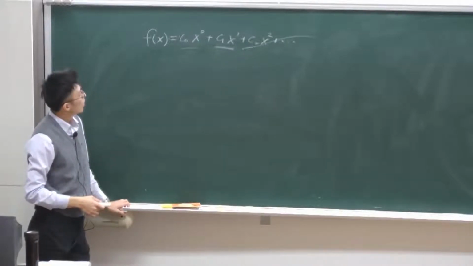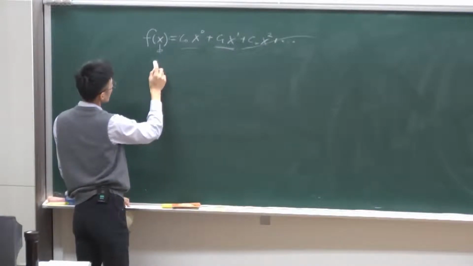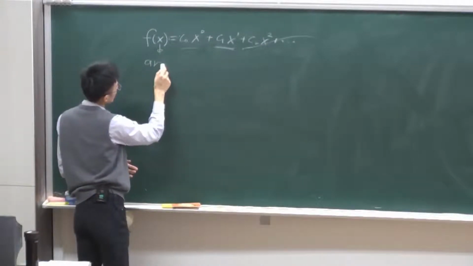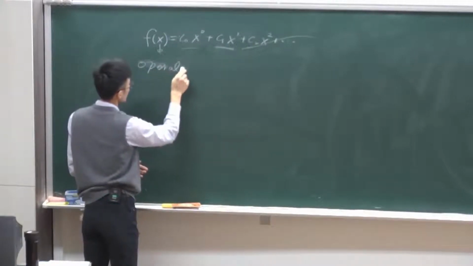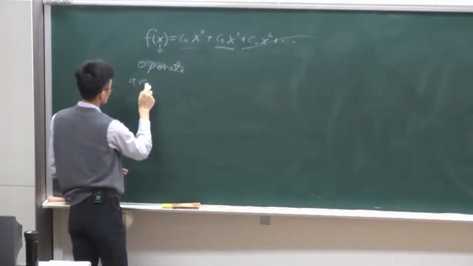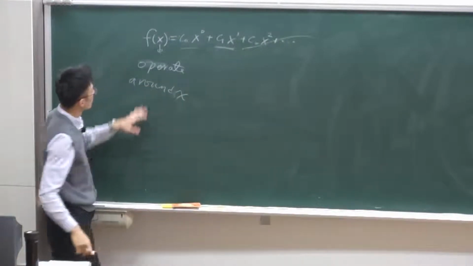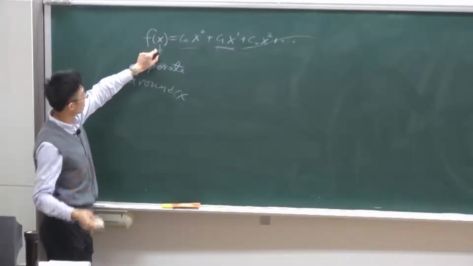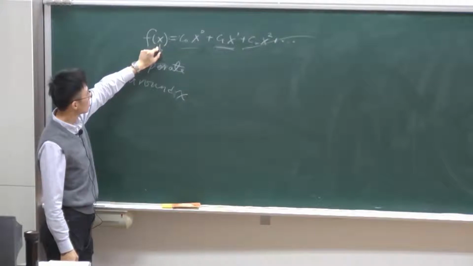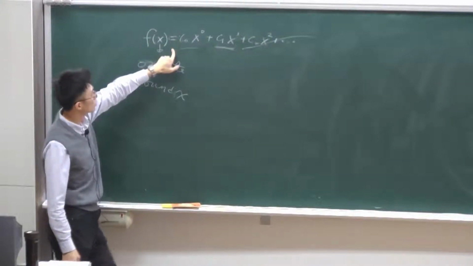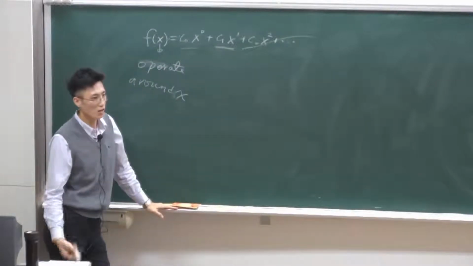So for a small deviation operate around x, right? If you want to approximate a function around some point, you can negate the higher order terms, okay?